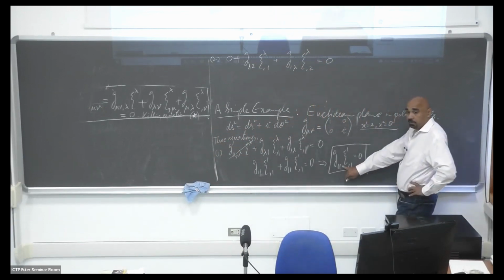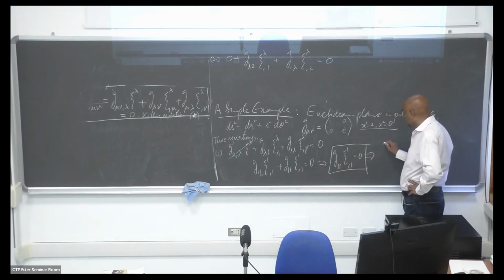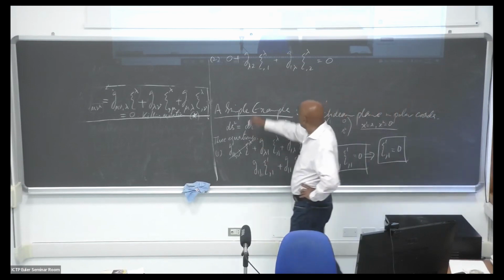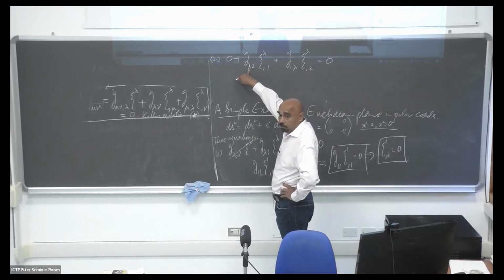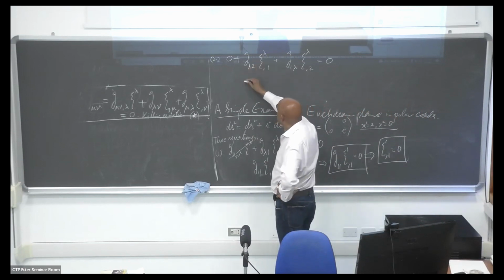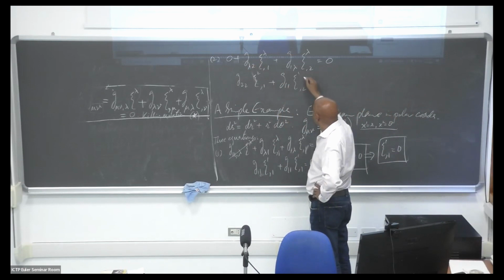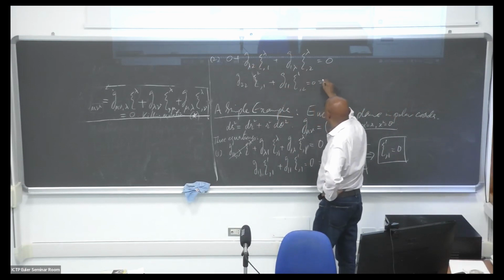And actually G11 is 1, so this becomes xi 1 comma 1 equal to 0. So here lambda can only be 2, it cannot be equal to 1. So it's G22 xi 2 comma 1 plus G11 xi 1 comma 2 equal to 0.